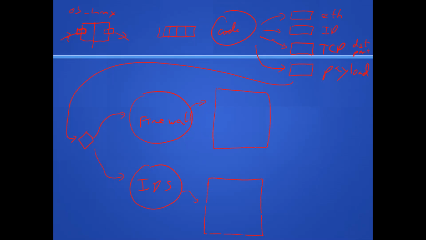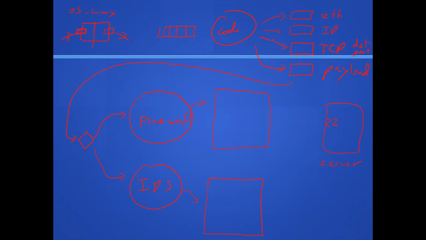A common destination port would be port 22. Let's say that you have a server over here. What's port 22? Is that SSH? SSH, exactly. So you're trying to make a communication via SSH.